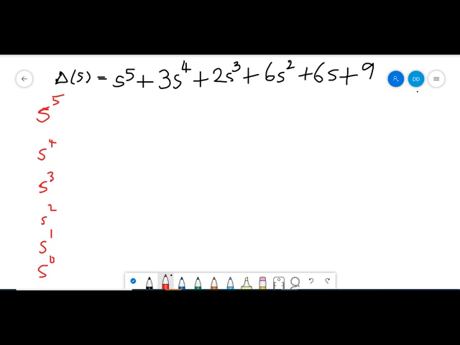Our first row values will be the coefficients 1, 2 and 6. Our next row will be 3, 6 and 9.